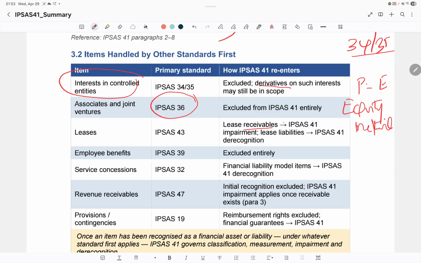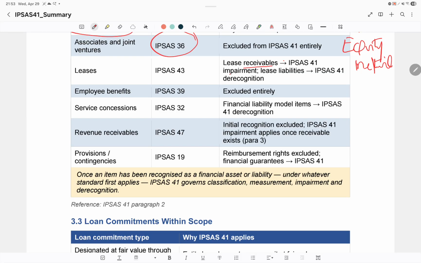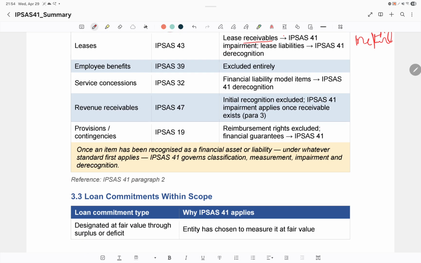Revenue receivable under IPSAS 41. The receivable is covered under IPSAS 47, but the impairment, once a receivable exists, is applied under IPSAS 41. Provisions and contingencies are under IPSAS 19. Reimbursement rights are excluded under this IPSAS 41, but IPSAS 41 includes financial guarantees.